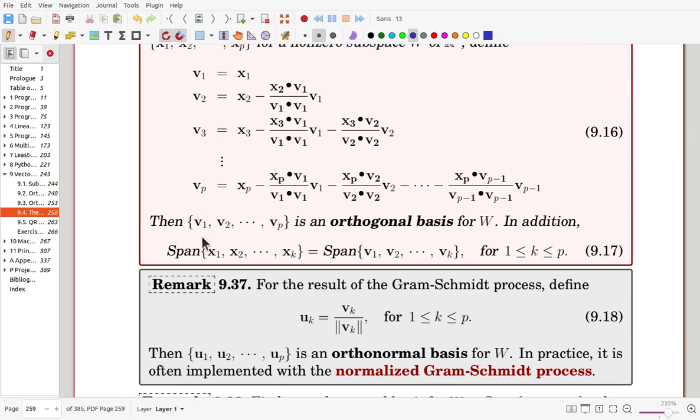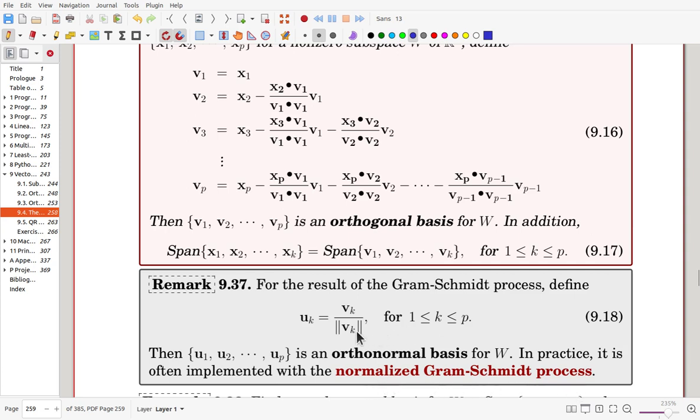This is an orthogonal basis. Now, once we normalize the orthogonal vectors, then this orthogonal basis becomes an orthonormal basis for W. In reality, the Gram-Schmidt process is often implemented as a normalized Gram-Schmidt process.